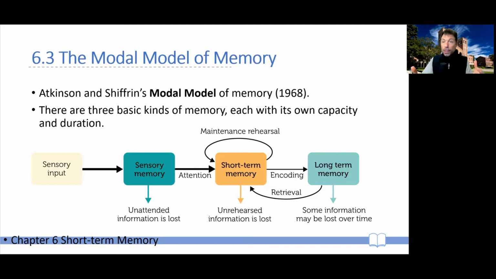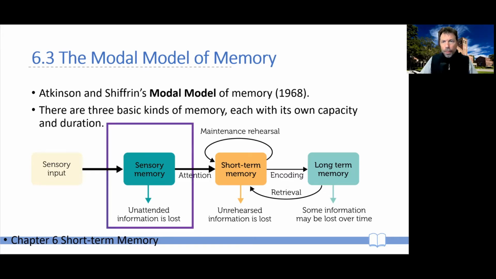So once some sensory input is received, at the very first, the sensory input is maintained in a sensory memory, often referred to as a sensory register. And this, as we will see, is able to take in an amount of information, but information typically is lost fairly quickly.